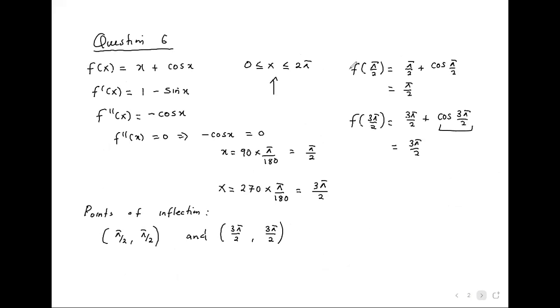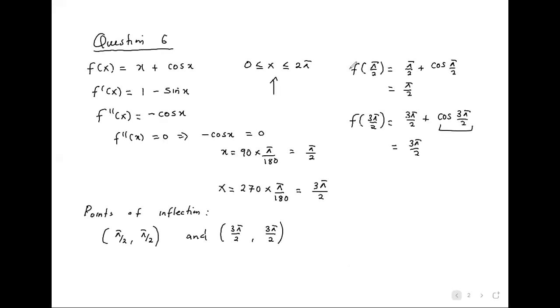Why is it negative sign and not positive sign? The derivative of cos is negative sin. And so moving from f to f prime, we are differentiating. Okay. You can now allow me to move to question 7.